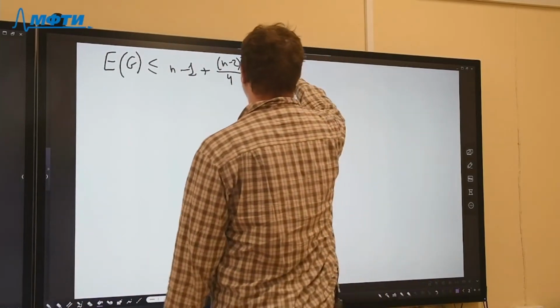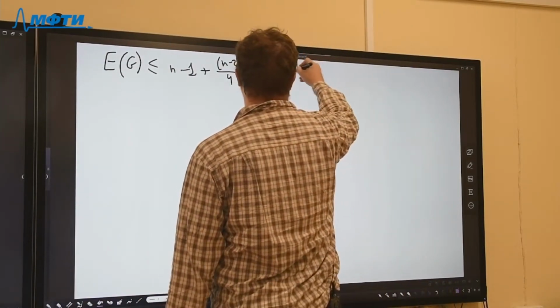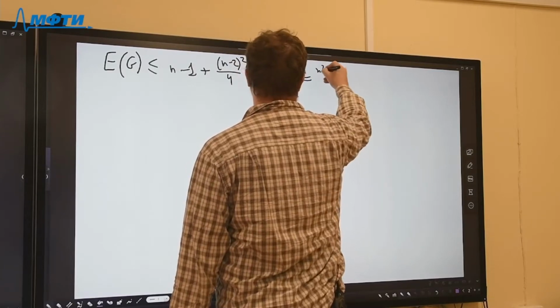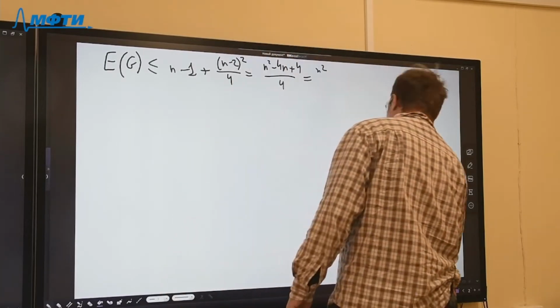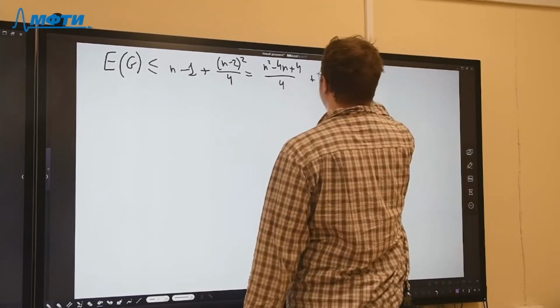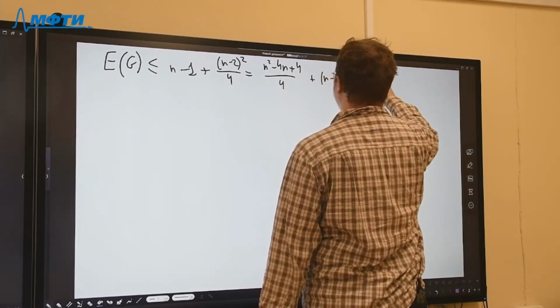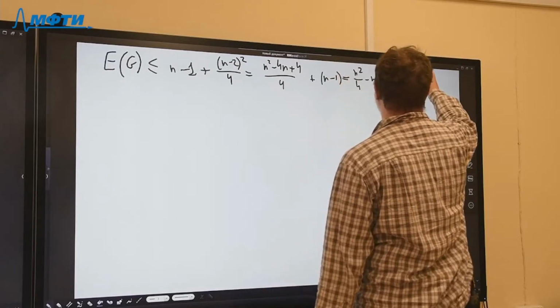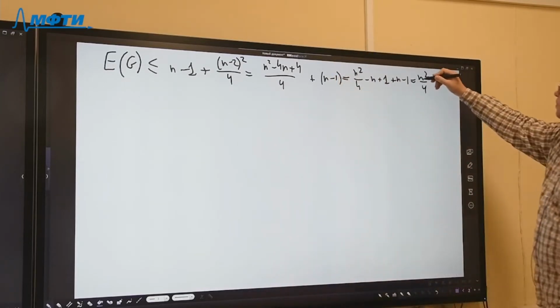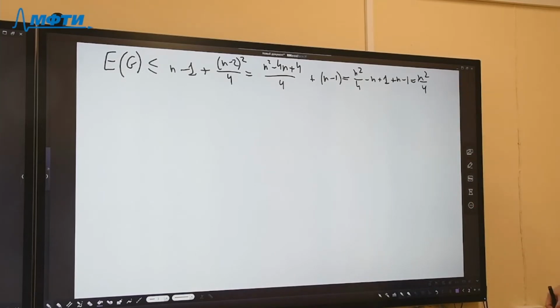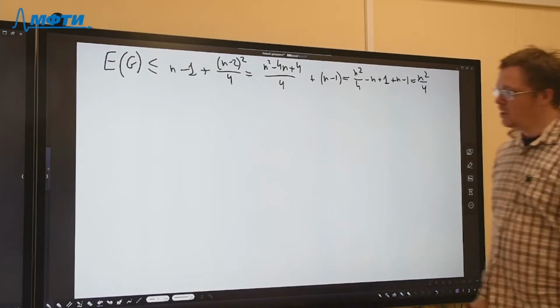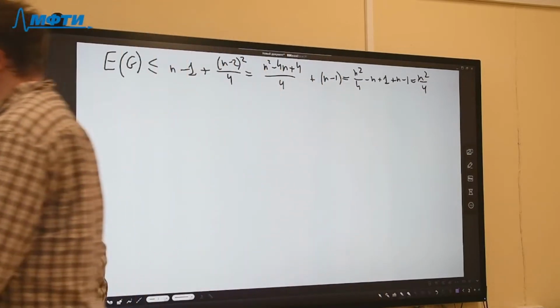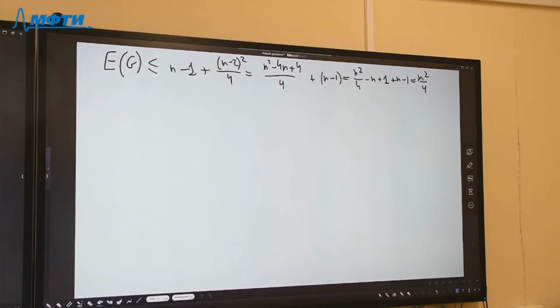Then this is (n squared minus 4n plus 4) over 4 plus n minus 1, which is n squared over 4 minus n plus 1, plus n minus 1, which is n squared over 4. So if we know by induction that this holds for a graph on n vertices, then we can prove it for a graph on n plus 2 vertices.